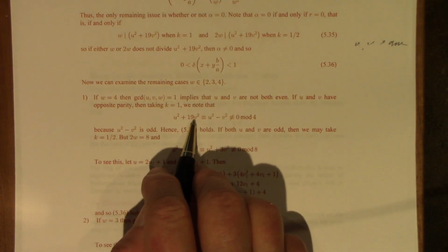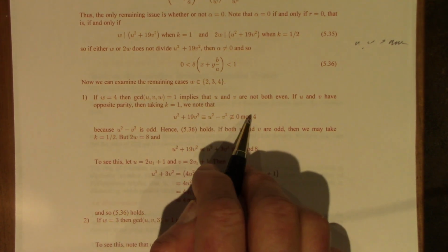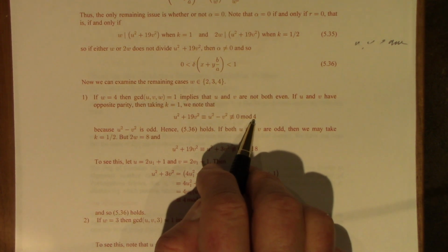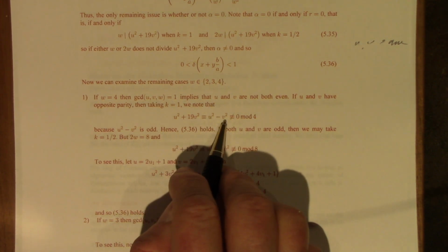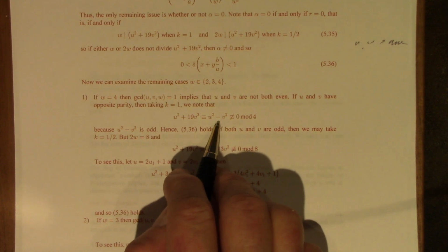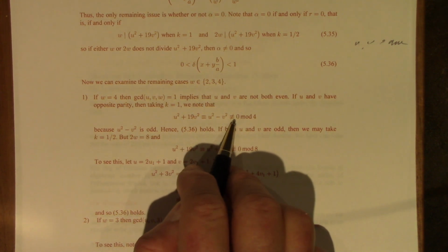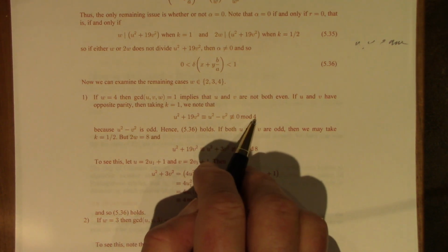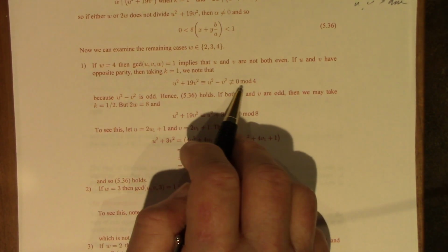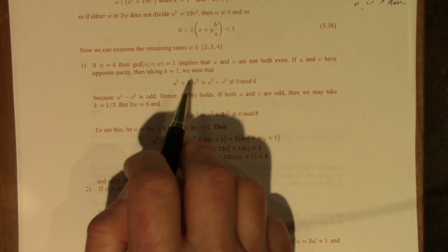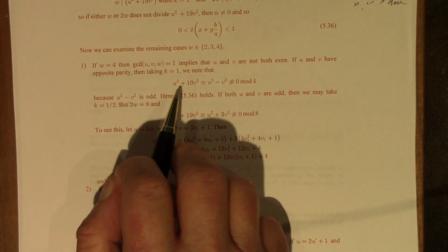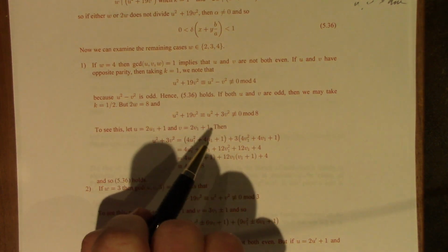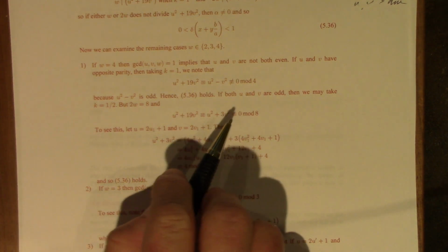But this expression here is congruent mod w, which is 4, to this, and this is odd because u and v have opposite parity, so it is not divisible by 4, it's not congruent to 0 mod 4. Therefore, 4, or w, does not divide this. Okay. And so alpha is not 0.